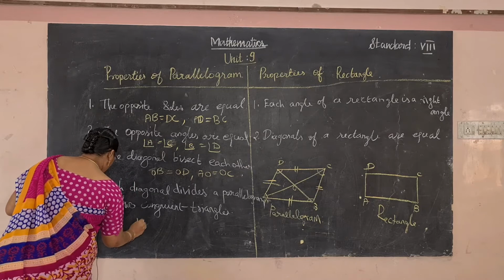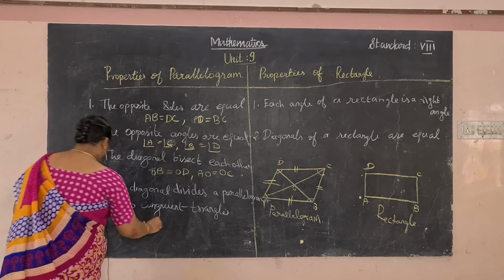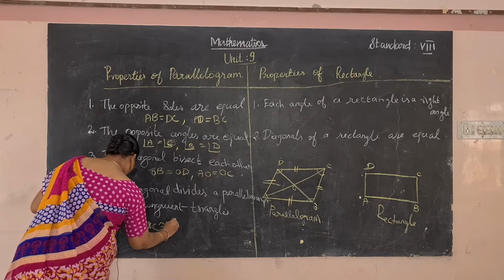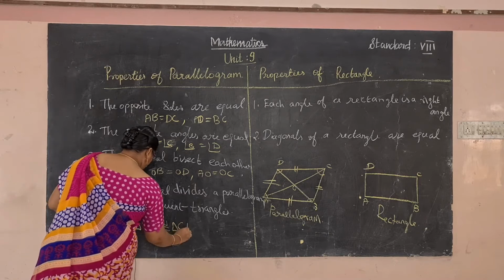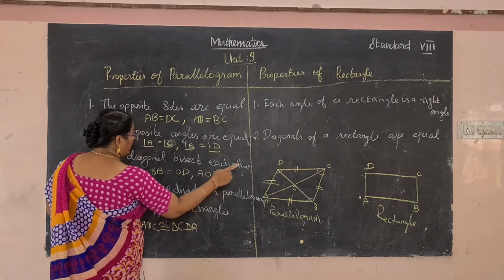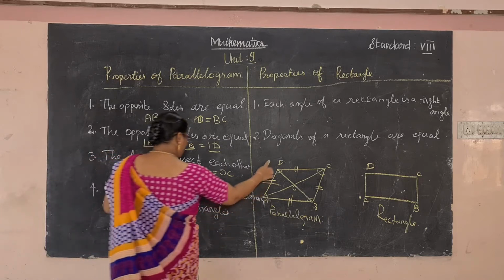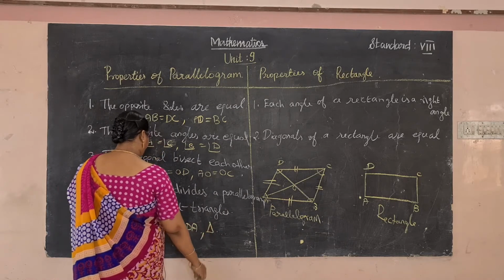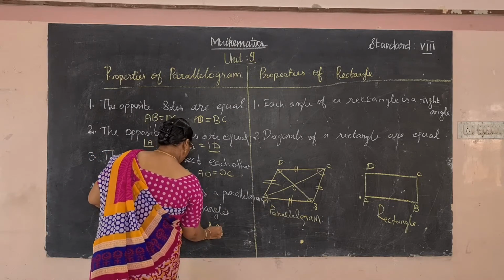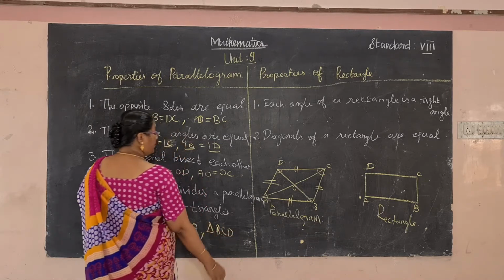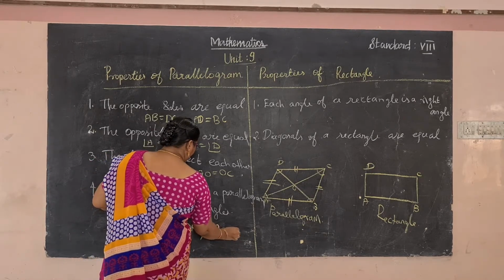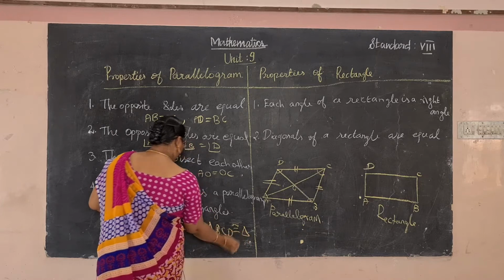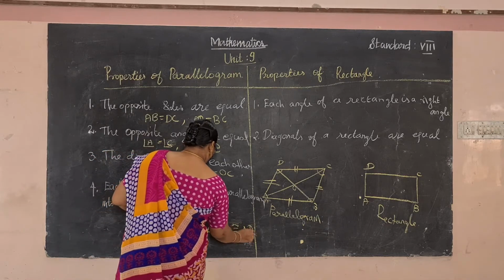So triangle ABC is congruent to triangle CDA. Another one, triangle BCD is congruent to triangle DAB.